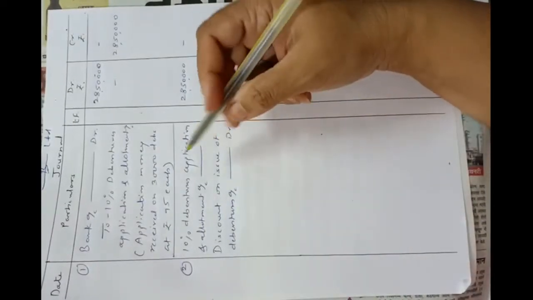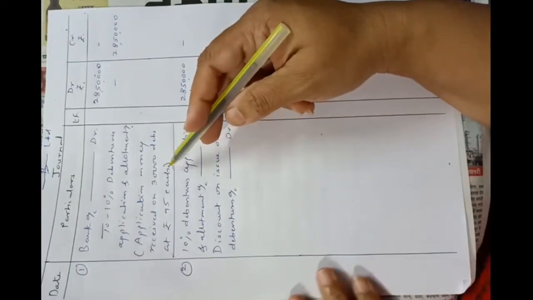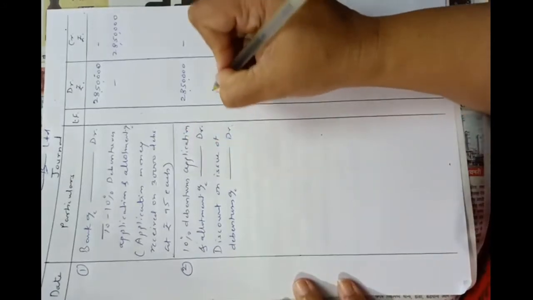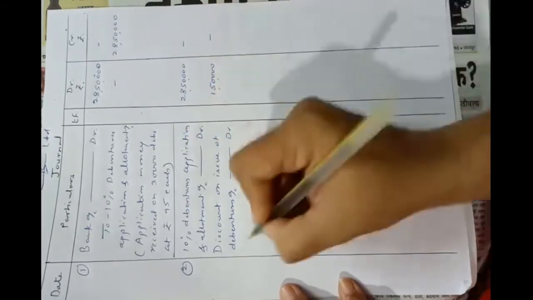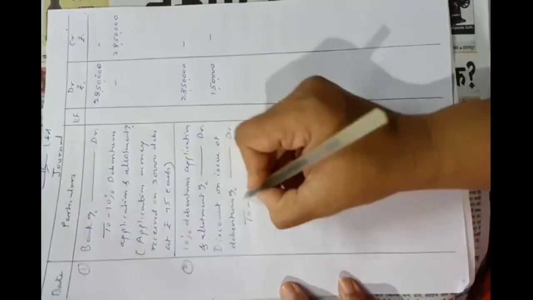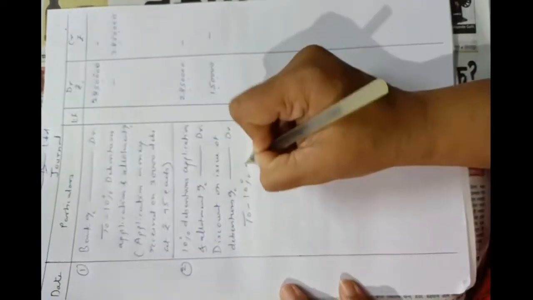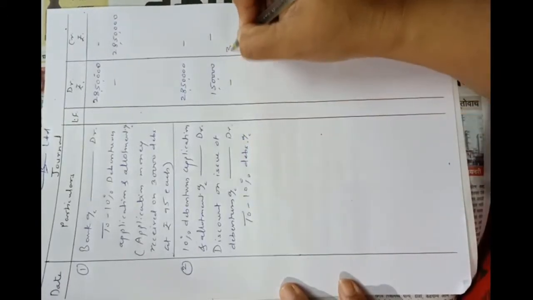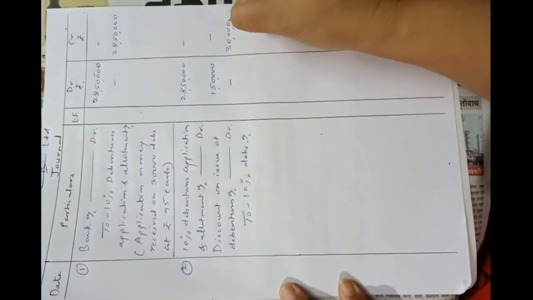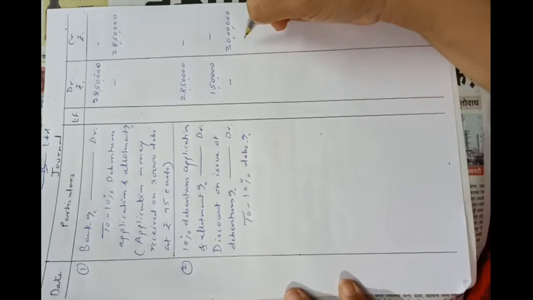Discount rupees 5 into 30,000 debentures, so it will be 1,50,000. To 10% debentures account, ₹30 lakhs. Okay.